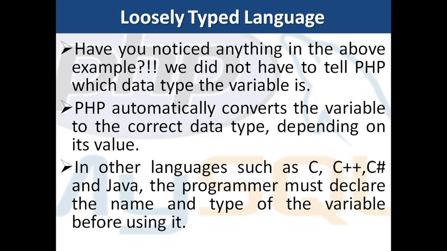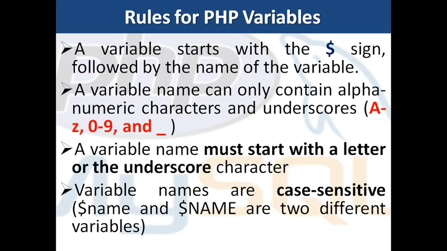In other languages such as C, C++, C#, and Java, the programmer must declare the name and type of the variable before using it. Rules for PHP variables.